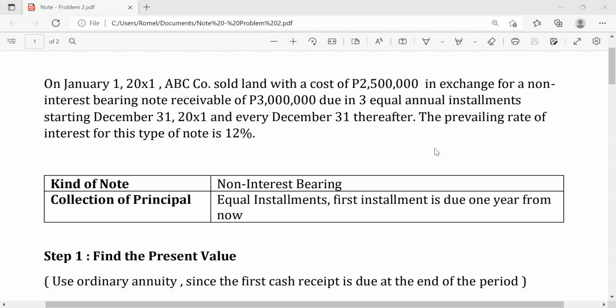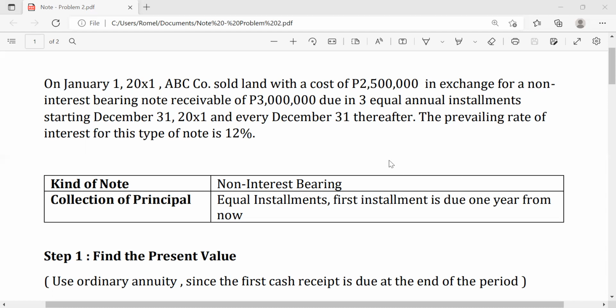So what kind of note is this? This is a non-interest bearing note. What do we mean if the note is a non-interest bearing note? Ibig sabihin, wala siyang stated interest. That's number one. Wala siyang stated interest sa note. And secondly, the interest is implied.